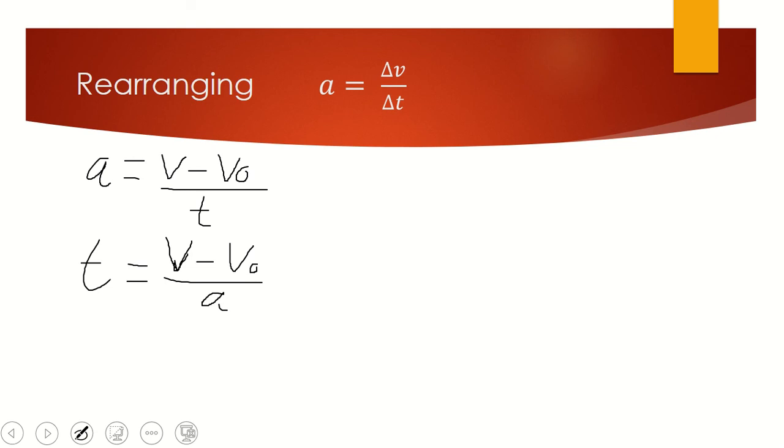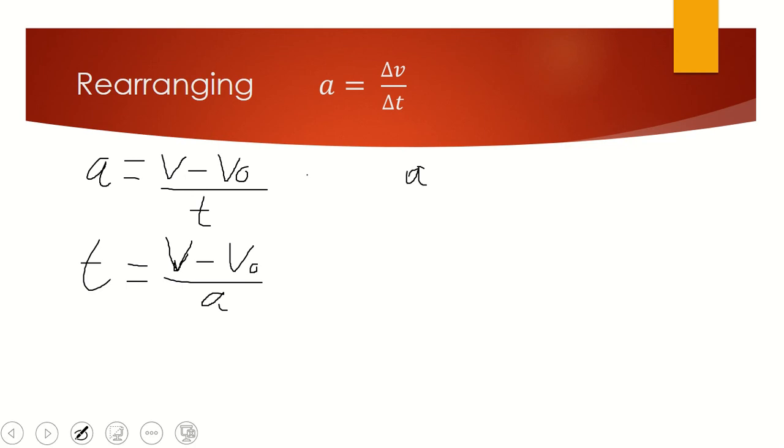I'll solve for velocity next. With this equation, we want to get velocity by itself so we can use it to solve calculations. First we need to get rid of the denominator, so we're going to times both sides by t. I'll show you the working over here.